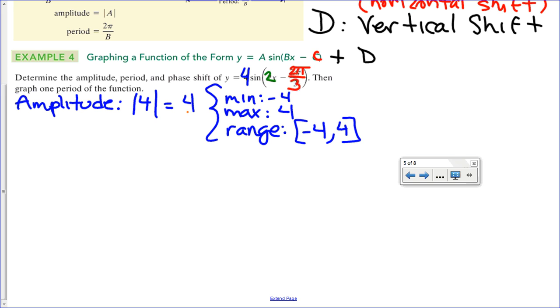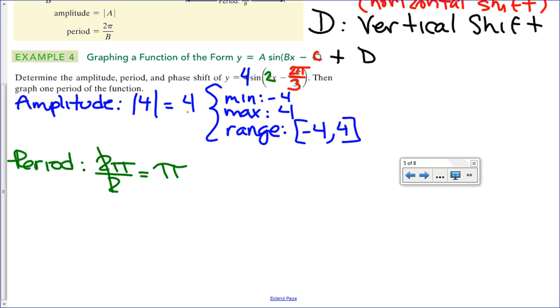And that's it. Now, the period. We will take 2 pi, the original, and divide it by the constant that we have here, which is 2. So that will give us pi. So that means that the graph will complete one full cycle from 0 to pi. It will go up, intercept, down, and then up to intercept.